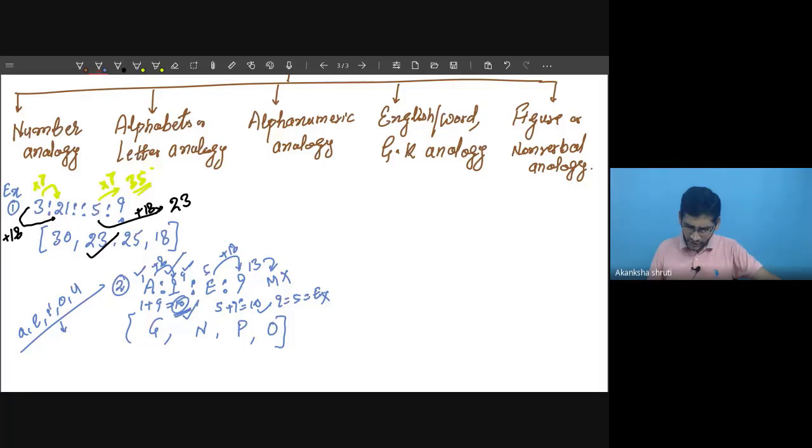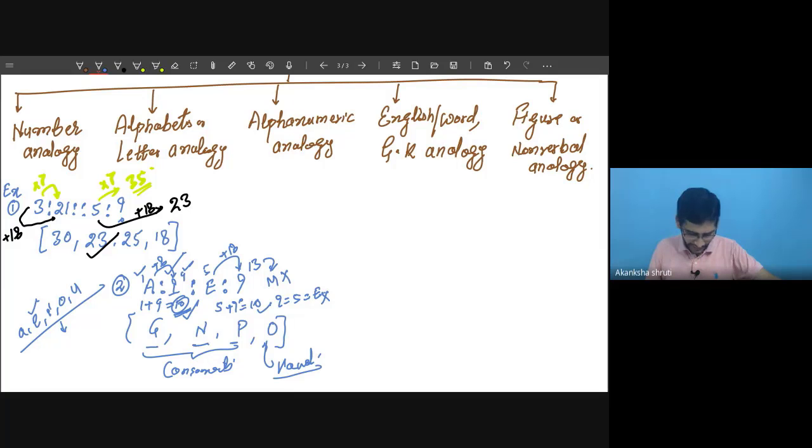So in the same group we are getting E is falling. And why is this group only applicable? It is verified by the given options. This G, N, P, all these are consonants, but only this is the vowel.